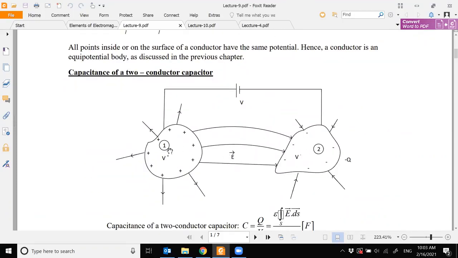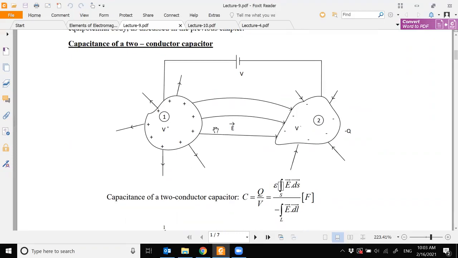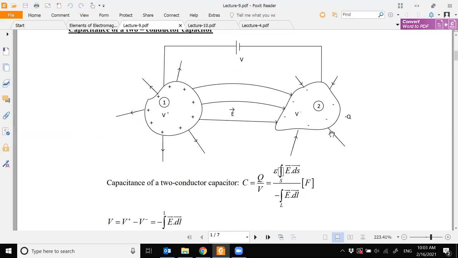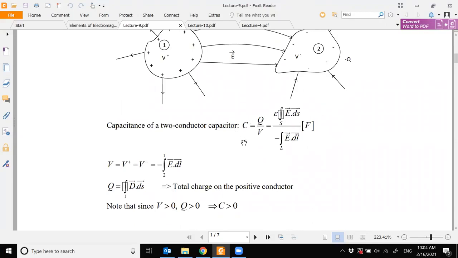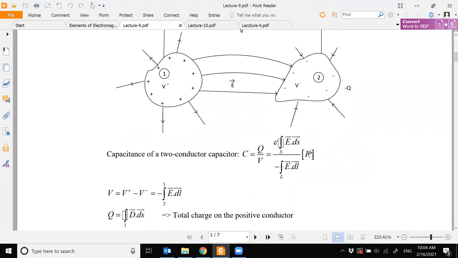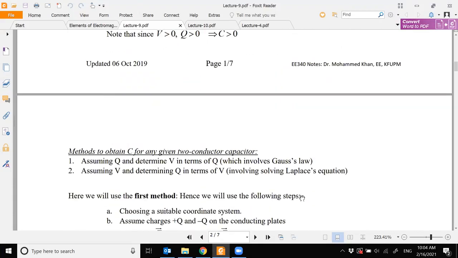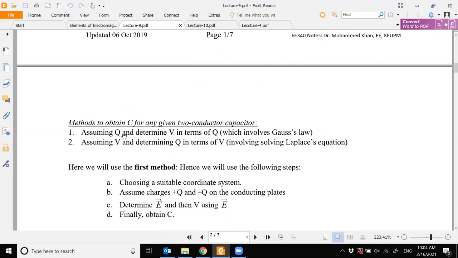When they are kept at a potential difference, charges accumulate on these two conductors, and because of these charges you get an electric field between them, because of the Coulomb force of attraction. Then we can find the capacitance of this two-conductor capacitor as Q over V, with this general expression. Then we came up with two methods: when we know Q, or when we know V.